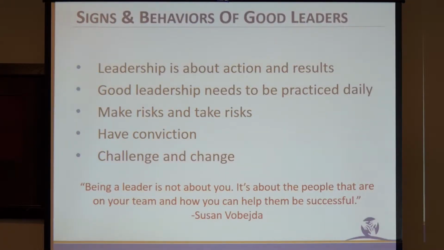Now we're going to talk about some signs and behaviors of good leaders. Perhaps I've instilled an idea of some of you becoming leaders in your own role. Well, I'm going to give you some additional information on how you can actually get there by giving you some signs and behaviors of that role.